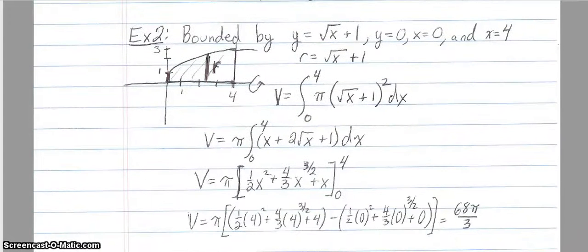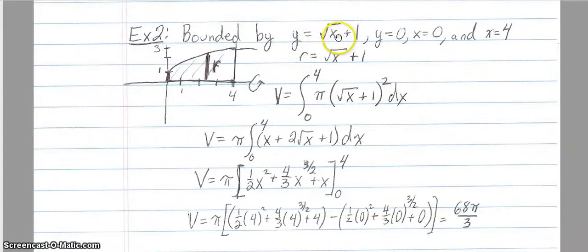So, let's go to the next one. Bounded by y equals square root of x plus 1, y equals 0, x equals 0, x equals 4. It's always a good idea to draw this. How accurate?